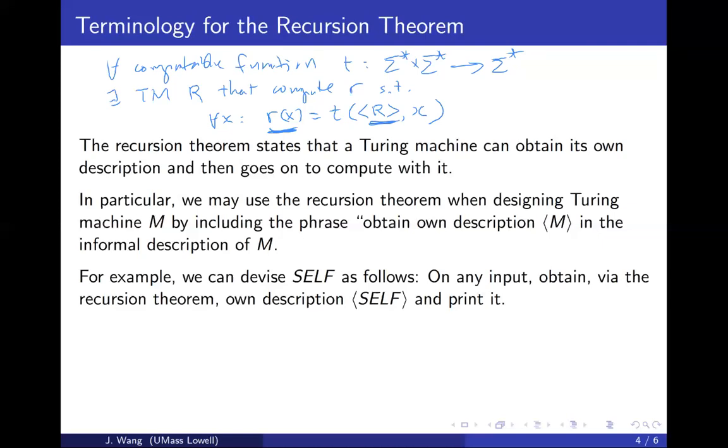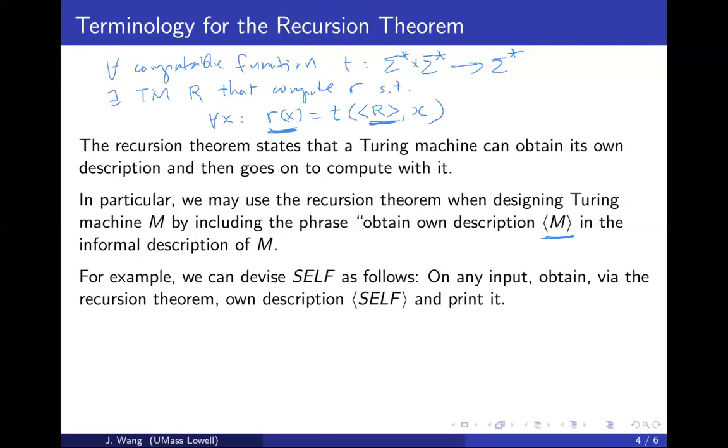In particular, we may use the recursion theorem when designing a Turing machine M by including the phrase "obtain own description", the encoding of M, in the informal description of M. That becomes handy.